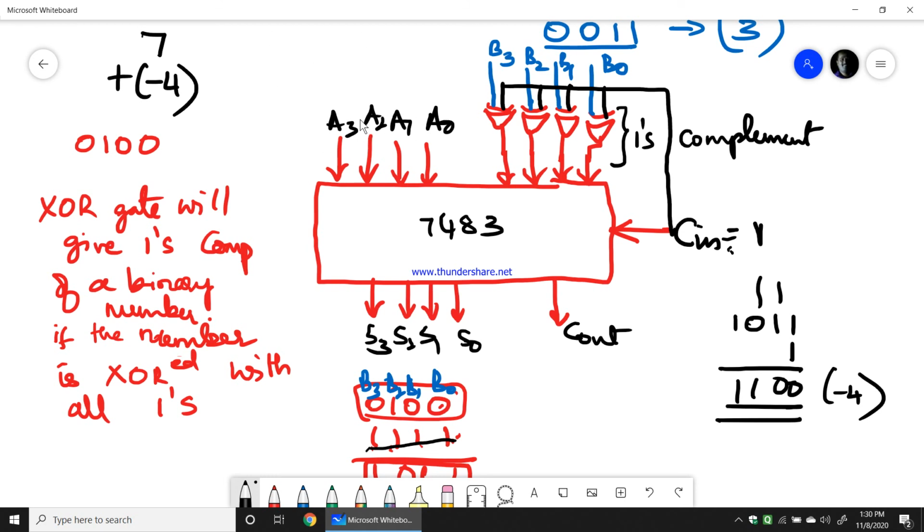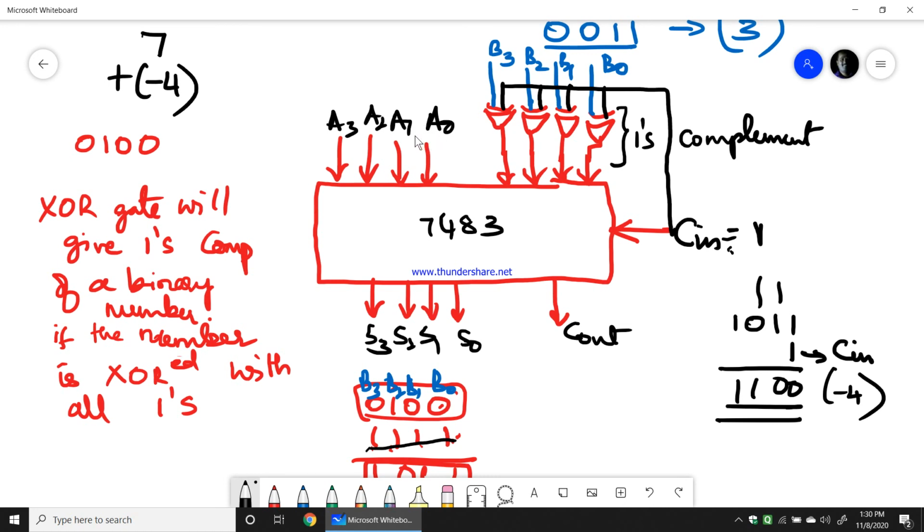Okay, so the 2's complement is done by adding the 1's complement coming out of the XOR gate with the value of Cin, and that gives the 2's complement of B3, B2, B1, B0, and then that 2's complement result is added with the contents of A3, A2, A1, A0.